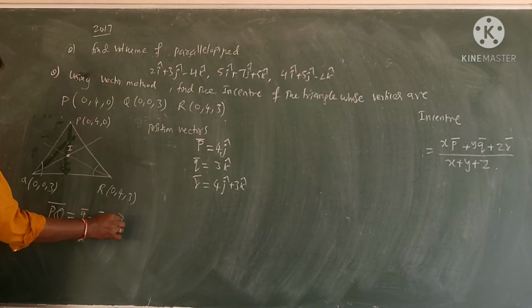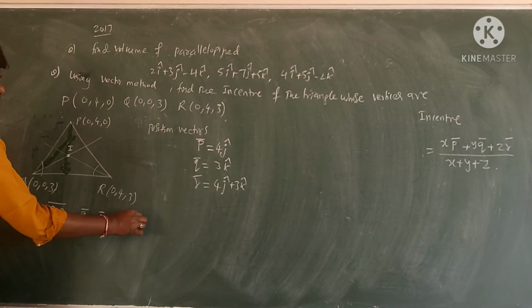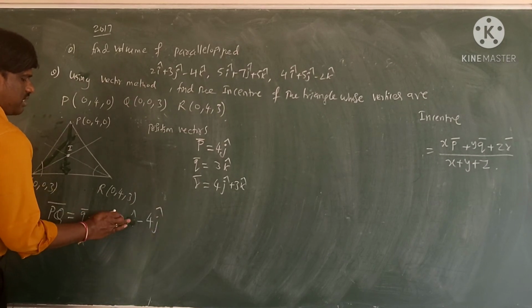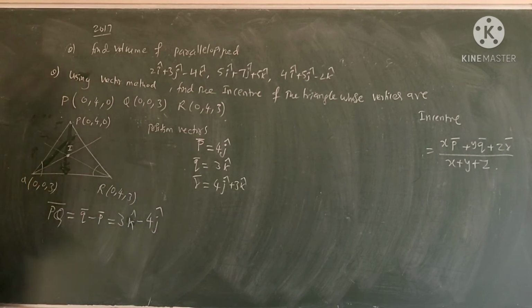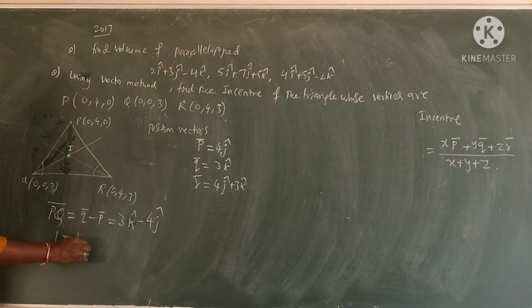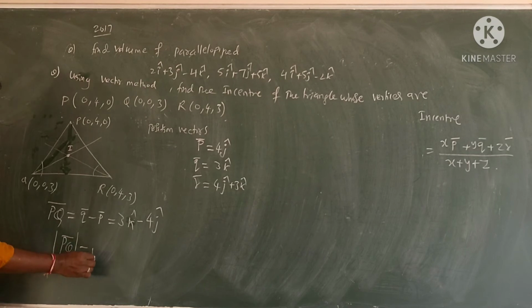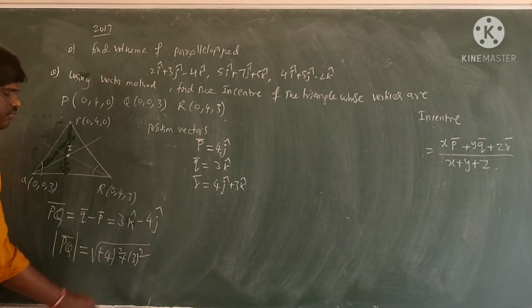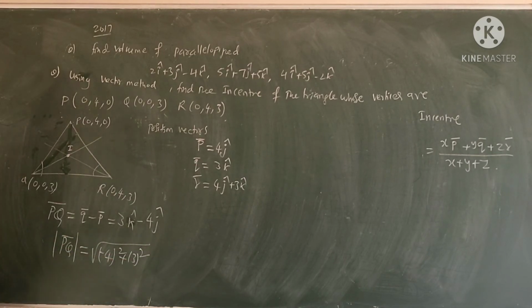Tell me. 3k cap minus 4j cap. So I got this as PQ vector. Now I find the magnitude of PQ. Magnitude of PQ will be under root of minus 4 square plus 3 square. 4 square is 16, 3 square is 9. Square root of 25.